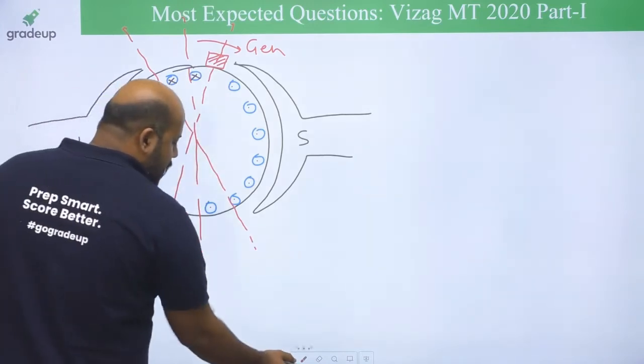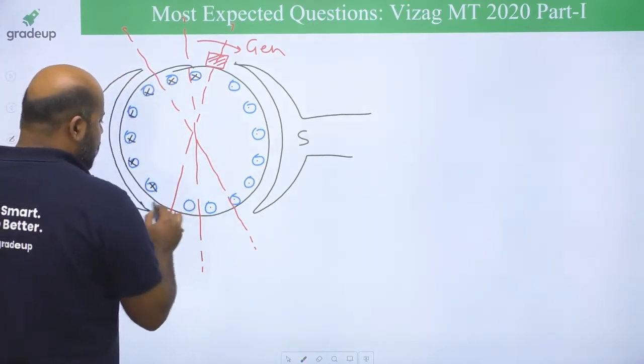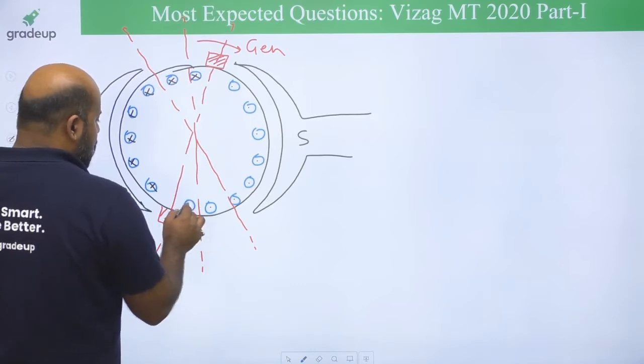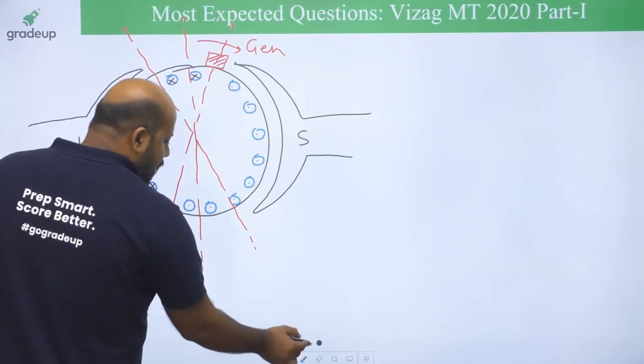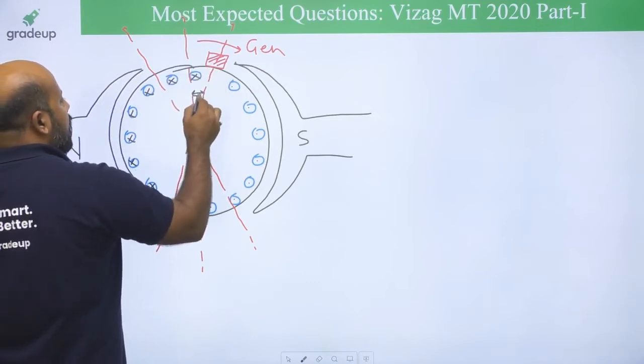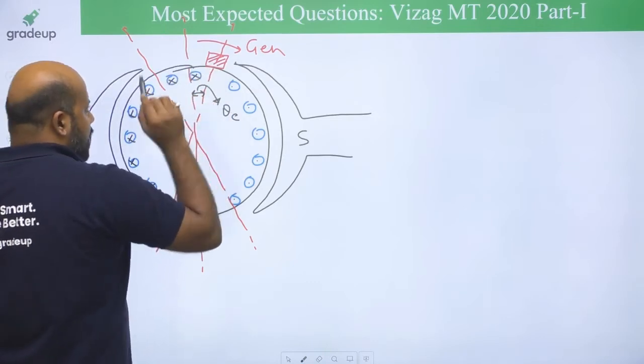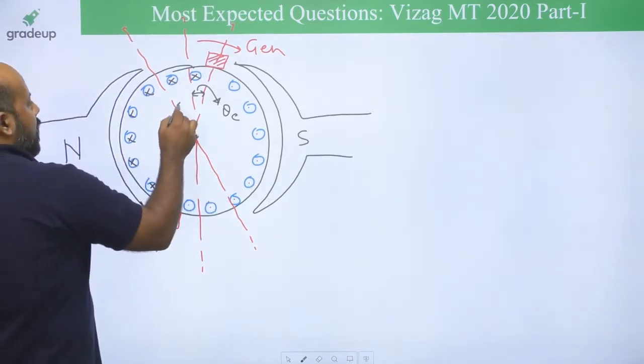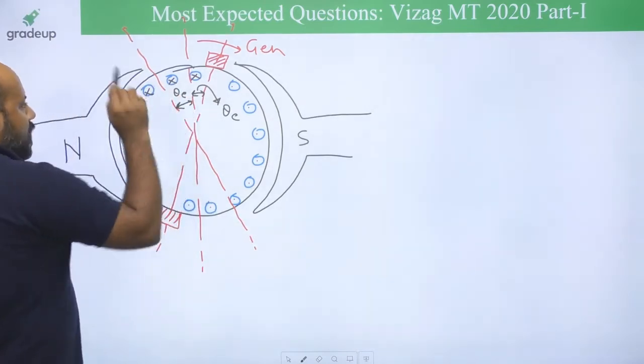Because of this shifting of the brush, what is happening? Just see here. If this shifting angle is theta electrical, then this angle is also going to be theta electrical.